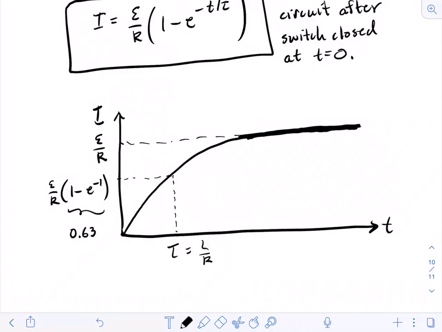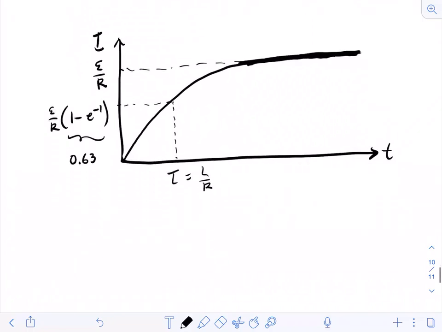So the current reaches about 63% of its equilibrium value after a time tau, which is L over R. So if you had a small L, then tau is small, and that would mean our current would build up quickly.